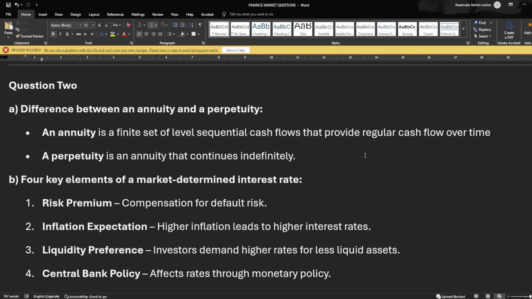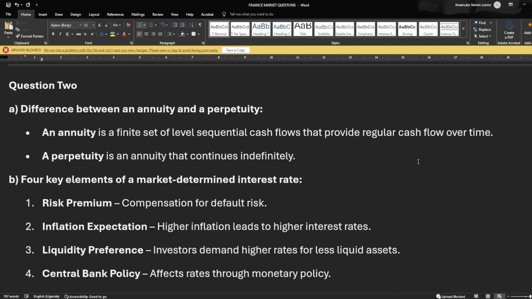So in this annuity you pay, it is finite. When you've completed it, you end there. You pay them in a certain range, but when you complete paying them, that is the end.